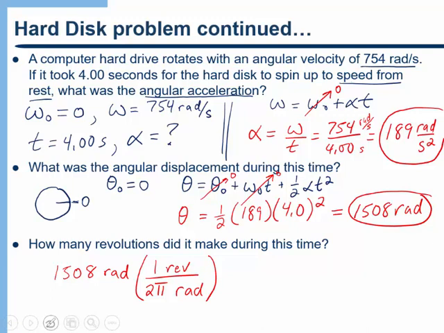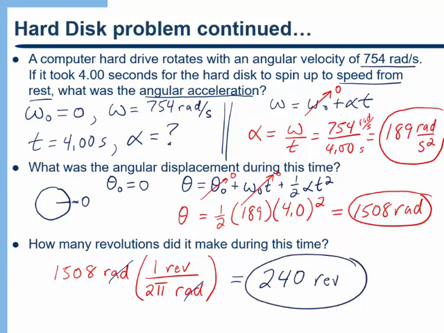And so, therefore, I can cancel out radians and radians, and I'm going to end up with revolutions. If you take that 1508 and divide by 2 pi, you should get 240 revolutions. And so that's how many times that hard disk went around in that first 4 seconds.